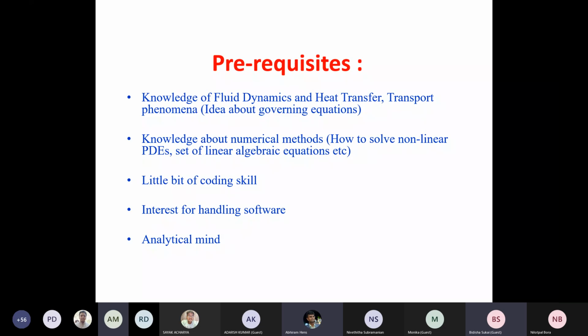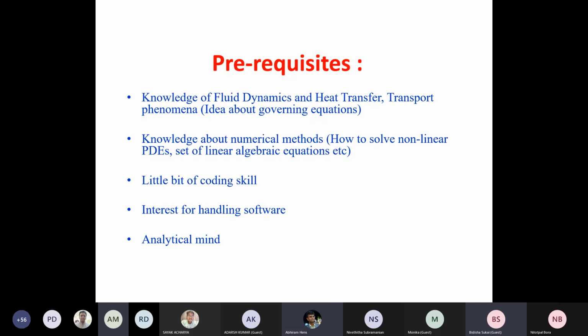Although transport phenomena is mostly taught in the chemical engineering curriculum and not generally in mechanical engineering, fluid dynamics and heat transfer are covered in most engineering disciplines. The important thing you should know is the different types of governing equations involved with fluid dynamics and heat transfer.